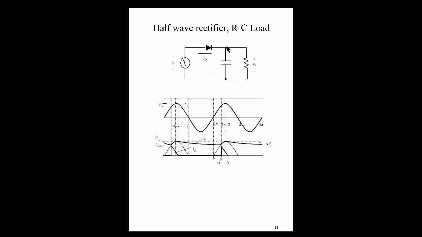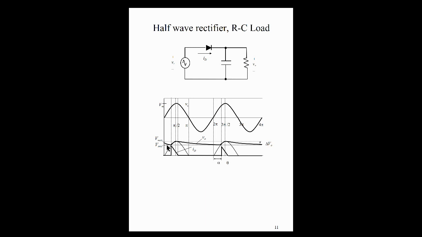You're going to have the capacitor charging at some point, and as the input decreases, the capacitor is going to discharge through the resistive load. That is what you are observing in this waveform here.